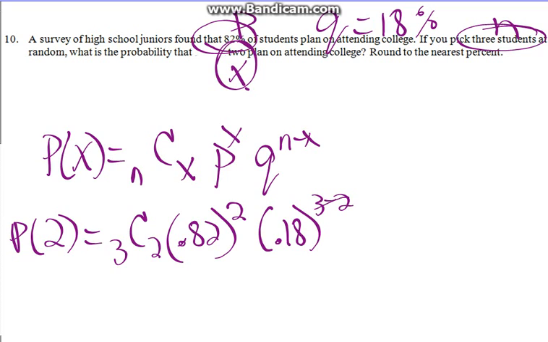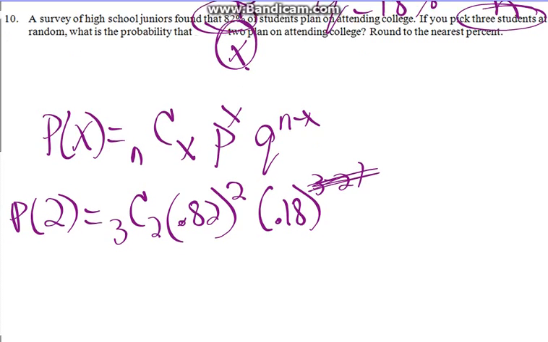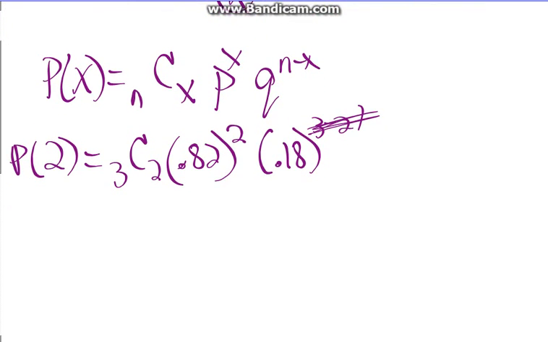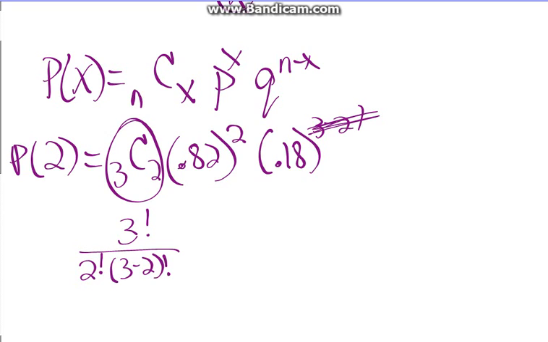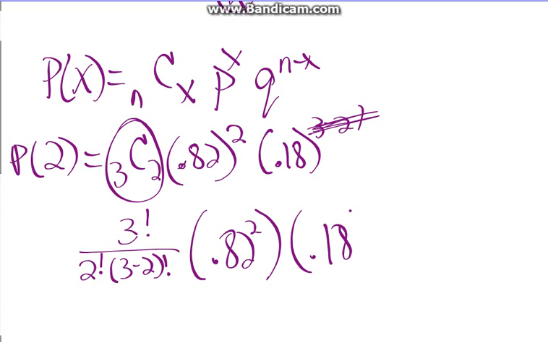Now 3 minus 2 is 1, and 0.18 to the first power is just 0.18. Now we've got to calculate this. So the combination goes 3 factorial over 2 factorial times (3 minus 2) factorial, times 0.82 squared times 0.18.